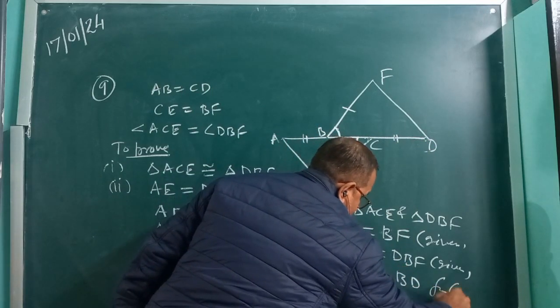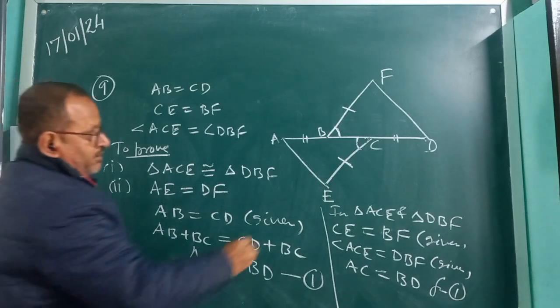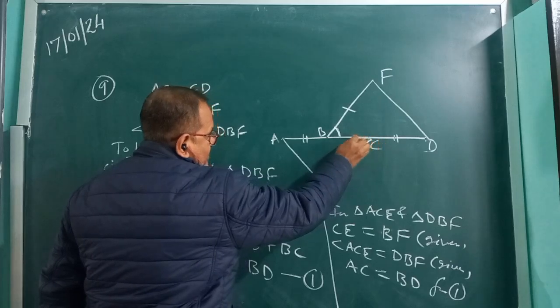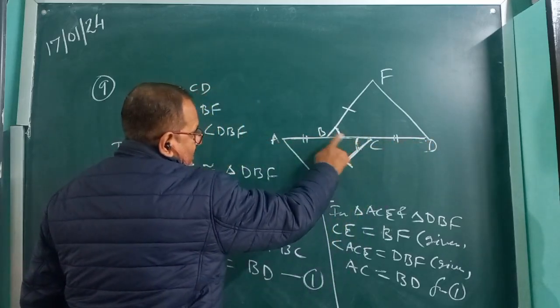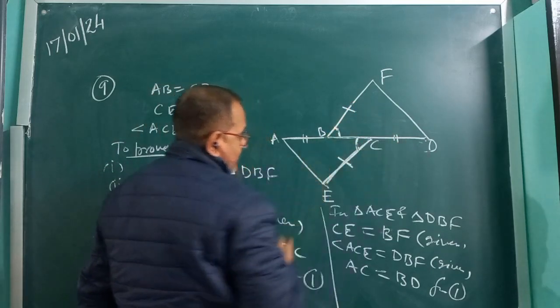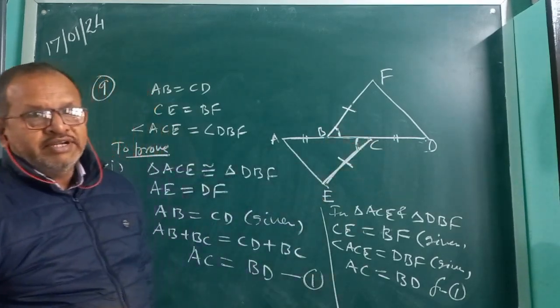From first, AC is equal to BD. So one side equal, this one angle equal, again one side equal. So side, angle, side. So by SAS, these two triangles are congruent.